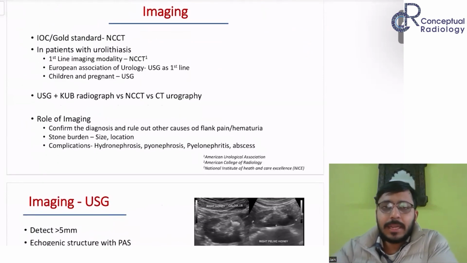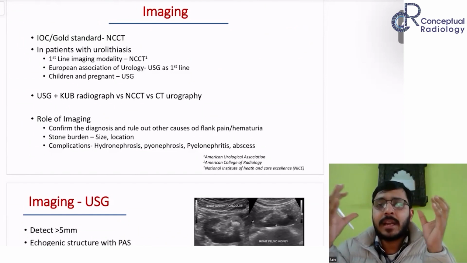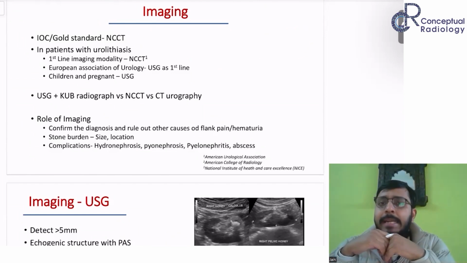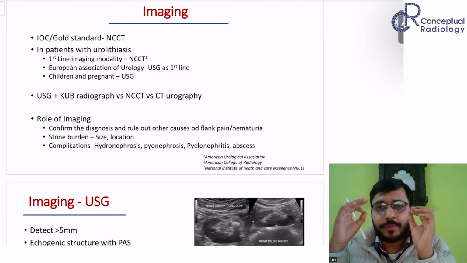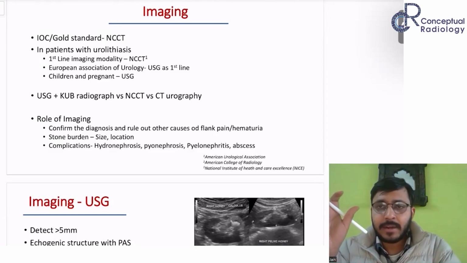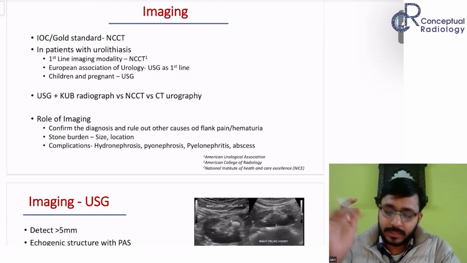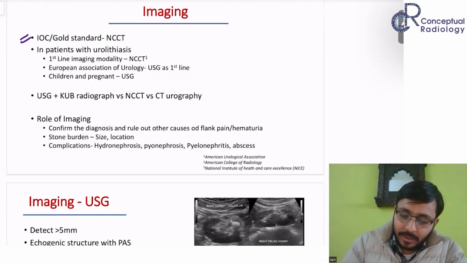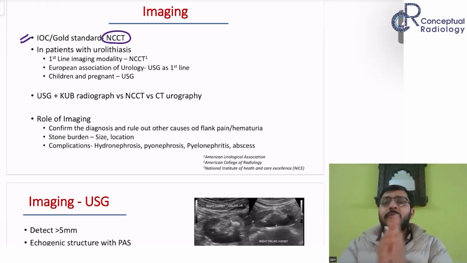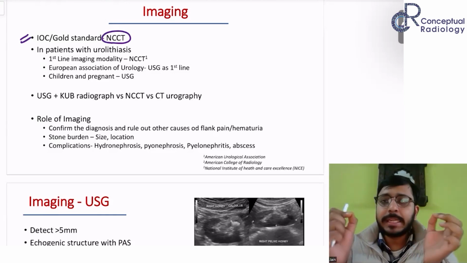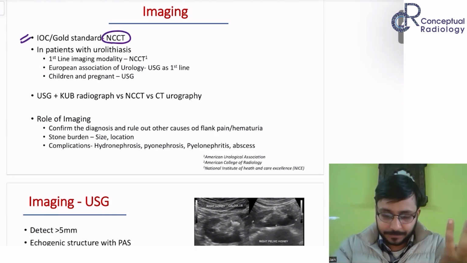Now, let's look at the overview of imaging, how we image a suspected urolithiasis. So we know that NCCT is the gold standard and the investigation of choice both. There should be no doubt regarding this, correct? We all know this. NCCT is the investigation of choice whenever we are suspecting a renal urolithiasis.